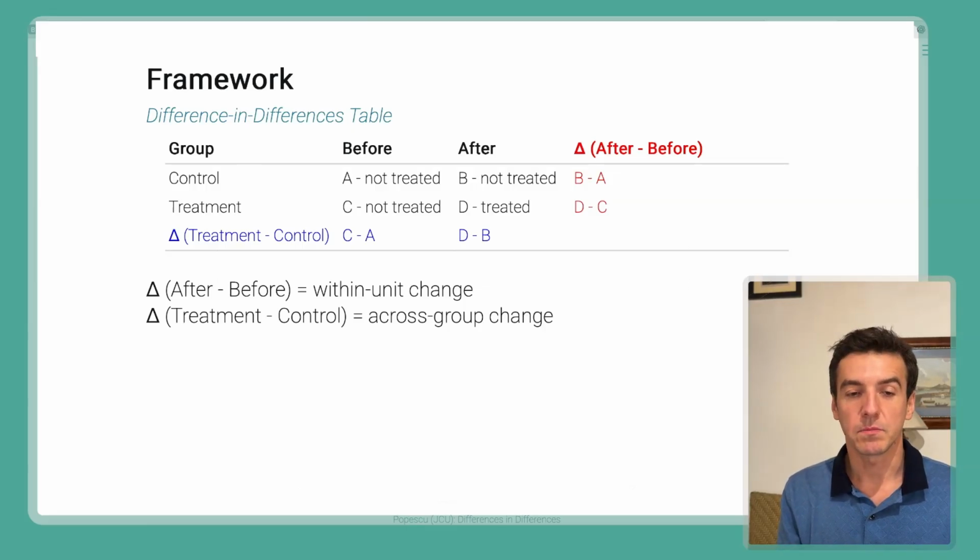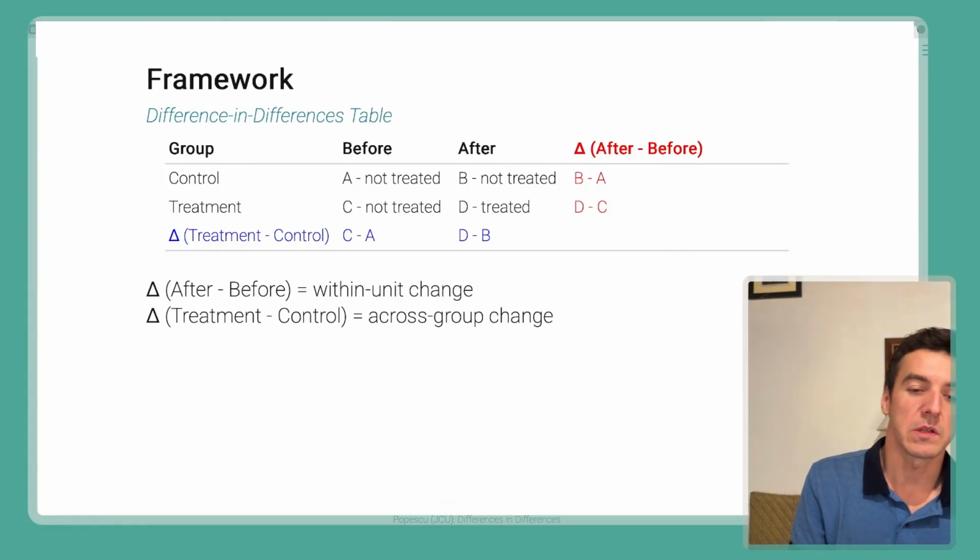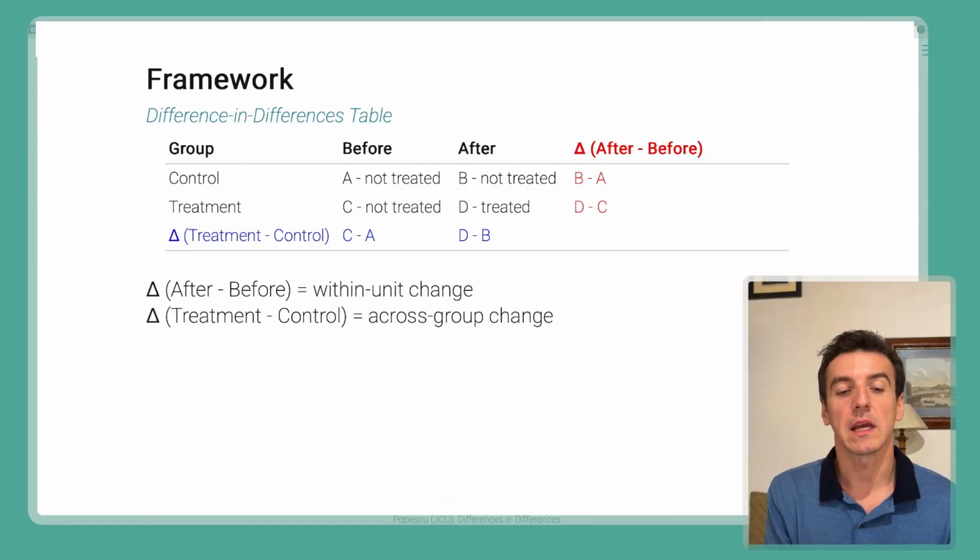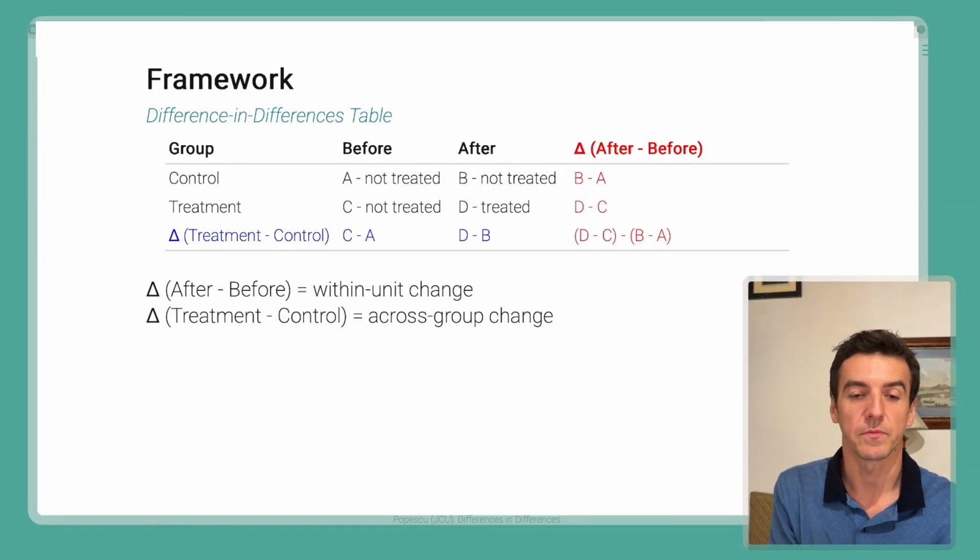And then D minus B: D represents the treatment group after the policy gets implemented, whereas B represents the control group after the policy is implemented. So once again, C minus A and D minus B represents the cross group change.